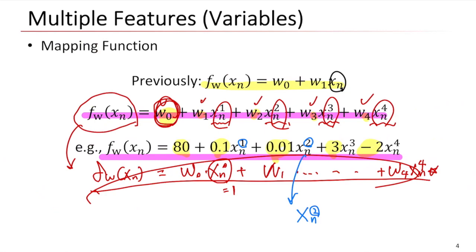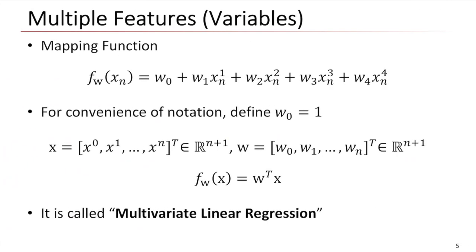If it makes you confused, you can use an alternative notation that looks like this. Okay, so please be careful. This is not a scale. So this is the notation of the multiple features in the linear regression problem.